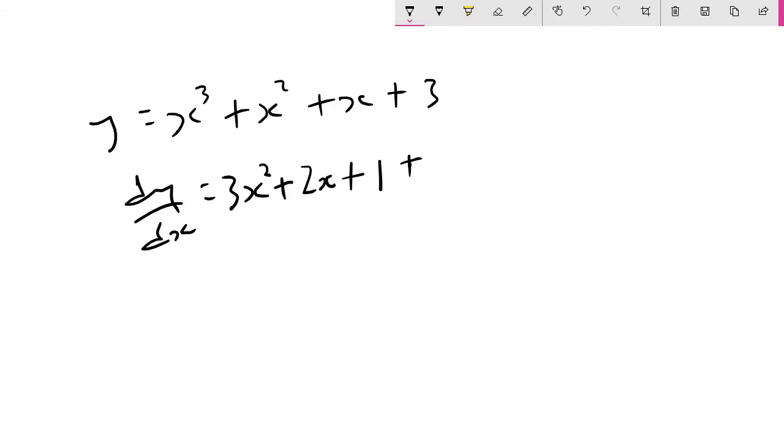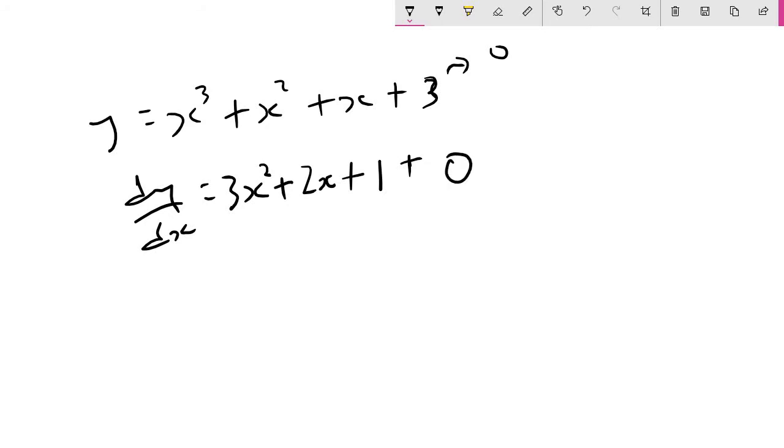Plus 3. Now here you have to assume that there is x to the power 0, right? Now whenever there is a constant and you're finding the derivative, it always gives 0.